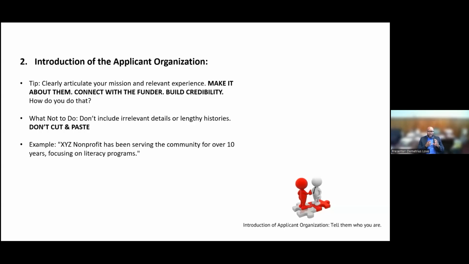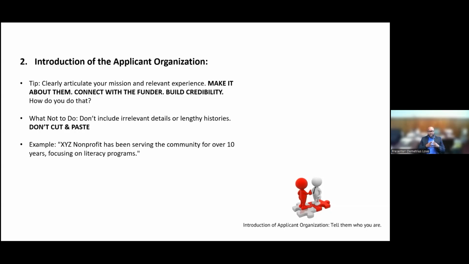That 990 is how the IRS collects information on your activities, your financial details, and how you're governing your organization. The 990 is a public document. So how do you utilize the 990 to connect with the funder? Research the funder's 990. Look at the organizations that the funder has funded over the last 12 to 18 months.